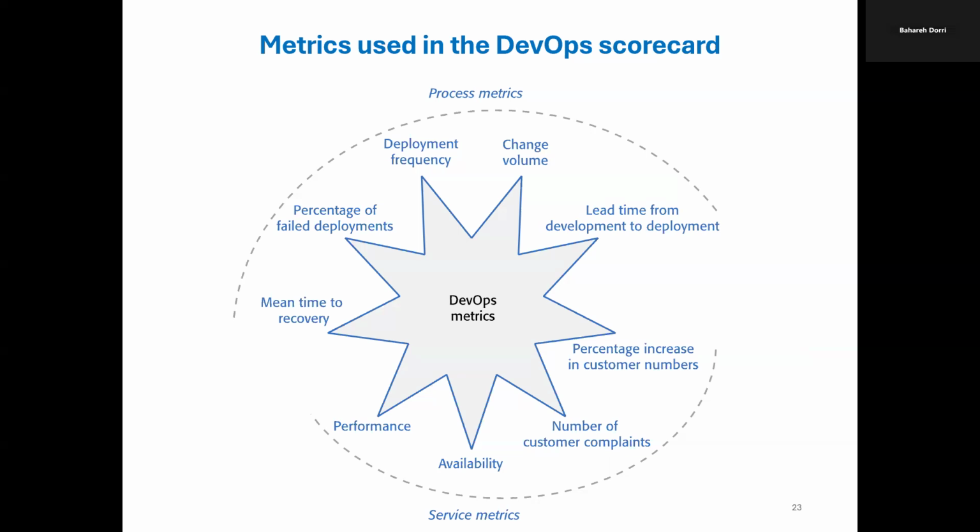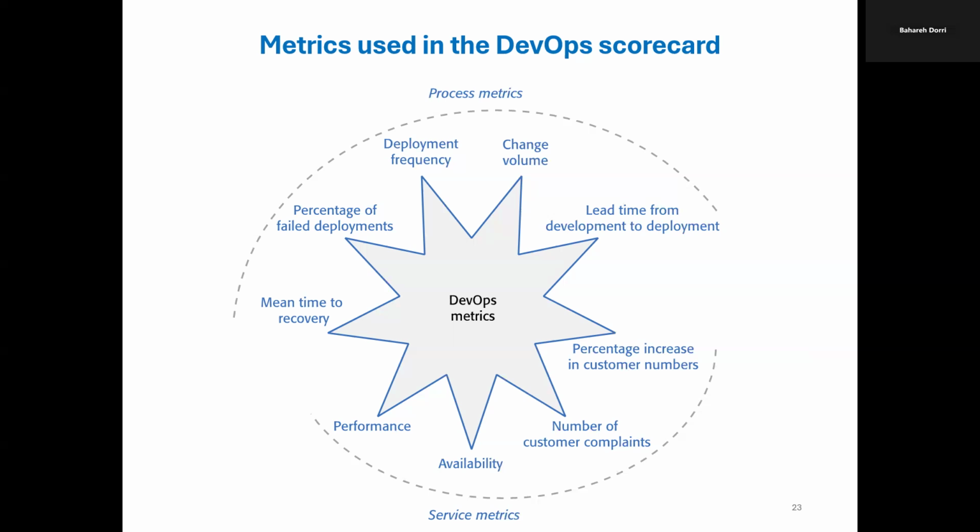Lead time from development to deployment: once a change is committed, how long does it take to get it into production? Percentage of failed deployments tells us about quality and risk. Are our deployments stable or causing rollbacks? Mean time to recovery: when something goes wrong, how quickly can we detect it and fix it?